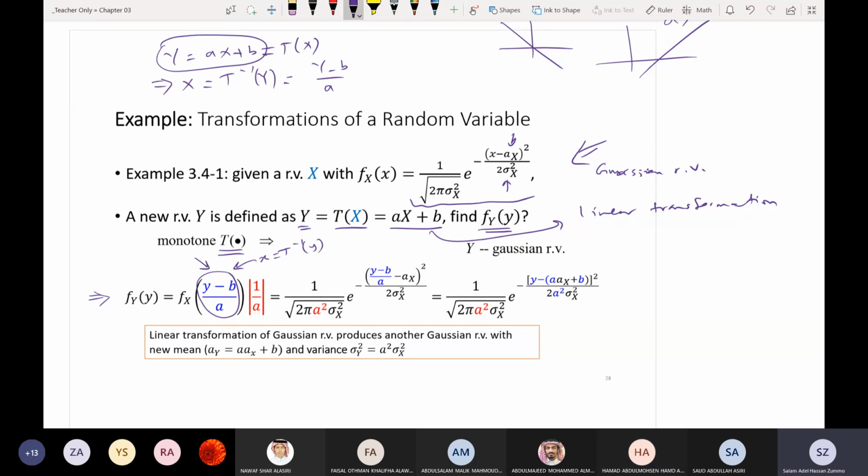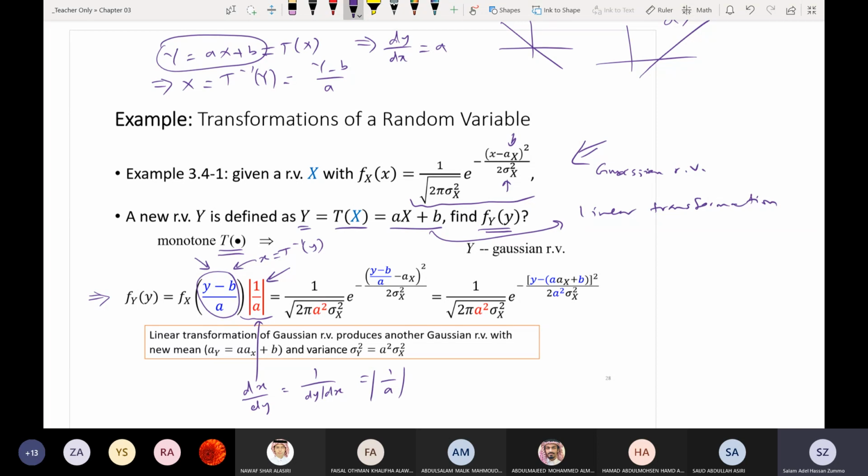It's f_X evaluated at (y minus b) over a, multiplied by the derivative, هذه هي dx/dy أو 1 over dy/dx. ما تفرق. Now y equals ax plus b. What is dy/dx? It's a, right? And this is basically 1 over a. But we put absolute value because this is a general case for a positive, for a negative.